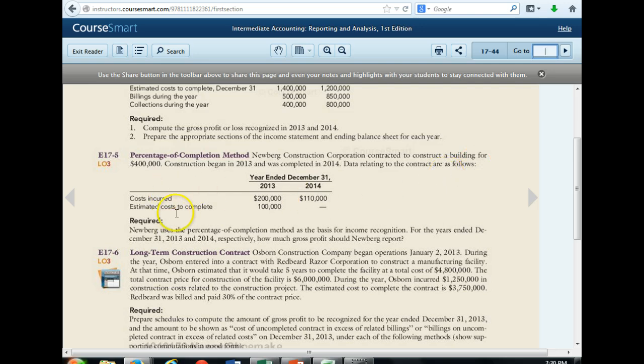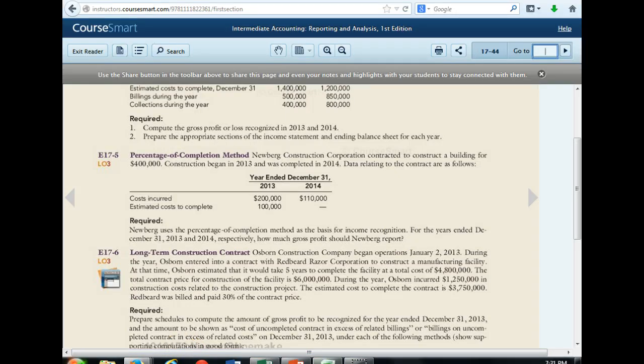The costs incurred for 2013 is $200,000. The estimated cost to complete is $100,000. Newburgh uses a percentage of completion method as the basis for income recognition. For the years ended December 31st, 2013 and 2014, how much gross profit would Newburgh report?